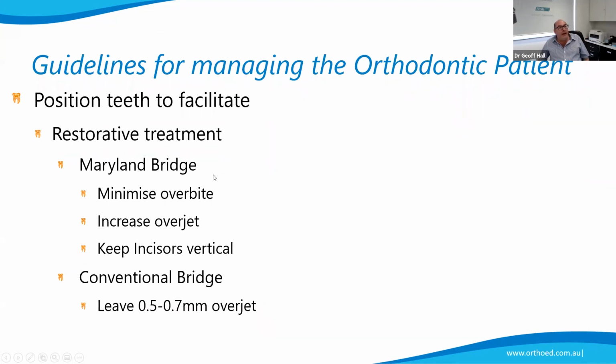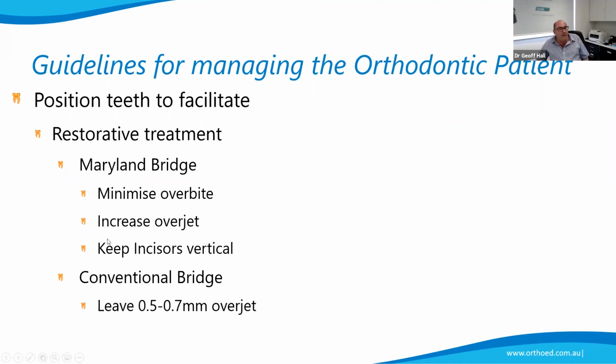Now, if you've got a Maryland bridge, and this is why we need to plan things properly before we start, because it's a different setup ideally if we're doing a Maryland bridge compared to doing a conventional bridge. Because if you're doing a conventional bridge, you want to leave about 3/4 of a millimetre of overjet to make room for your restorative material on the palatal surface.